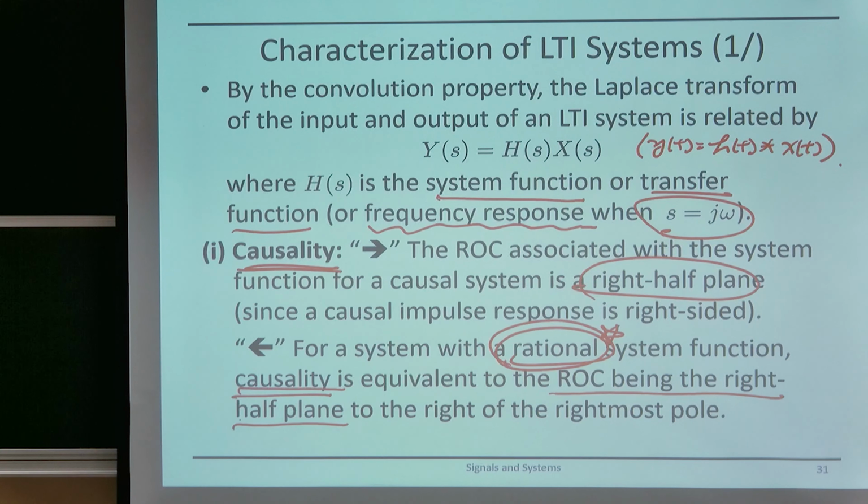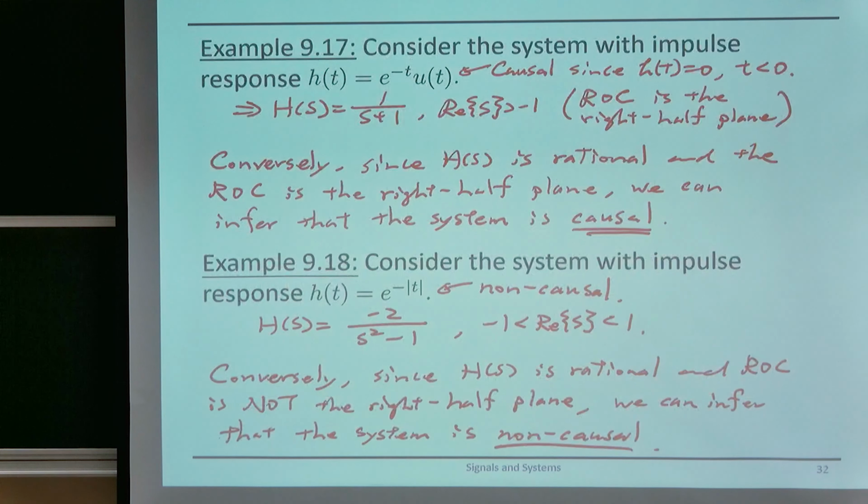We do not have a proof for this here, but we look at it through a few examples. First, we looked at this example where we have an impulse response that is a one-sided decaying exponential on the positive axis. Since this is non-zero only for t greater than 0, the system is causal.